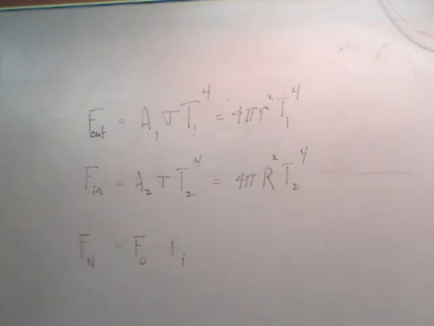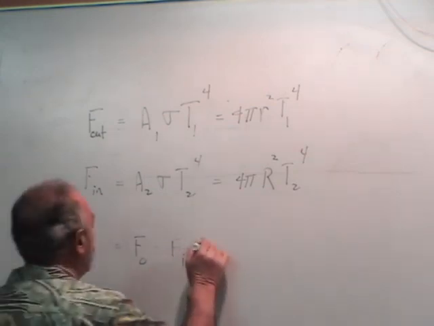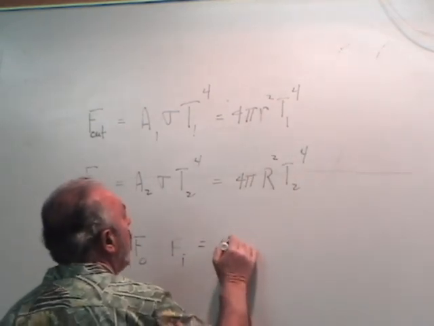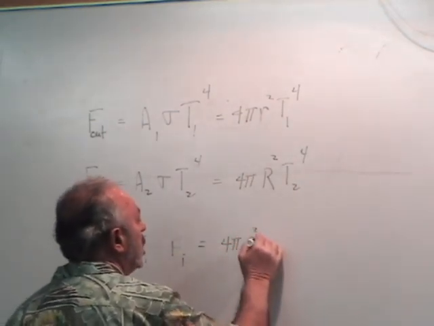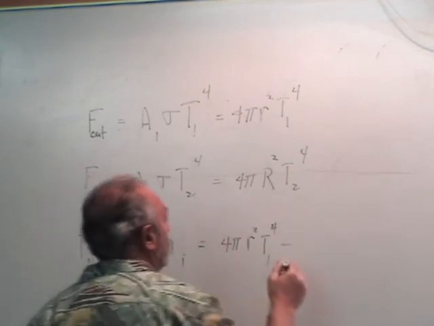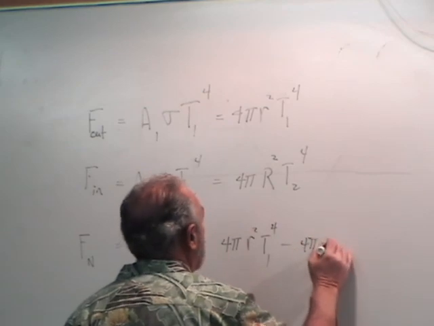F in is coming in this direction like that, coming from the outer shell. So, of course, that becomes what? The F out was the little r and the T1, so 4 pi r squared T1 to the 4th power, minus, and this is the F in, so it's got the big R, 4 pi.